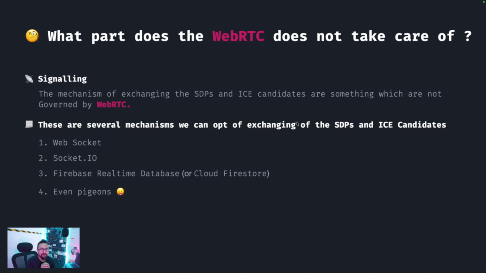There are several mechanisms for exchanging the SDPs, some of the popular ones being WebSocket, Socket.io, and Firebase Realtime Database, or even pigeons. You can just write down the SDP and the ICE candidates, exchange the document, and add it to the RTC by manually typing it, and that also works. But it defies the purpose. But yeah, that can be done as well.